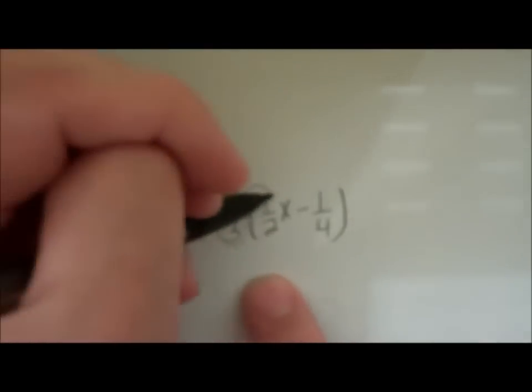Now remember, when you multiply, you get to multiply across. So 1 times 1 is 1, 2 times 2 is 4, x times x, x squared. And we still have to multiply this 1/2 x by the negative 1/4. So 1 times negative 1 is negative 1, 2 times 4 is 8, and I still have an x.